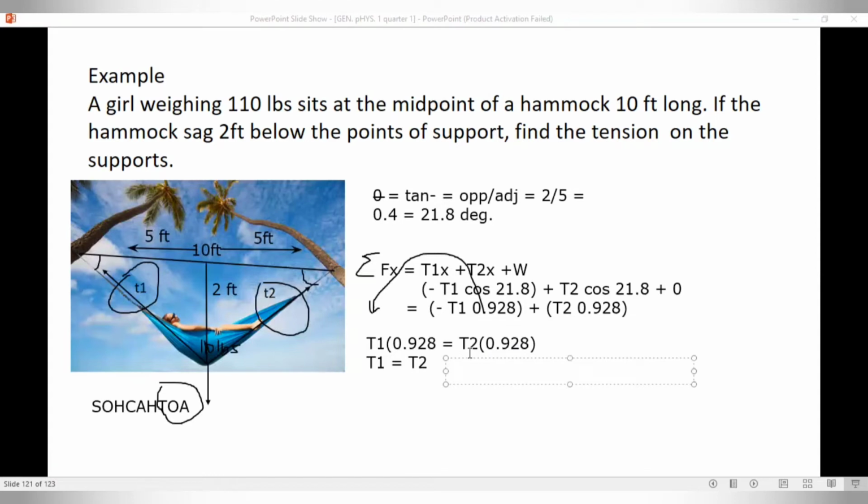Pag-usapan naman po natin yung Y component niya. So, ang magiging Y component niya, same process, pero towards the Y component naman or vertical position.